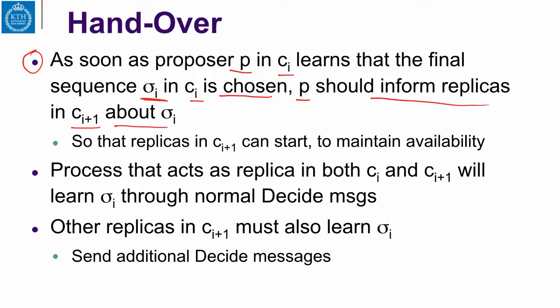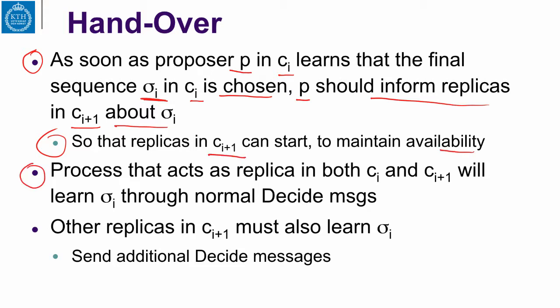You could think of a situation where we have created the replicas for the next configuration, but they are still waiting to be informed by a proposer, a leader, or a replica in the previous configuration. This happened before, if you remember the picture, where we had overlapping configurations and the yellow new replicas were waiting for the blue replica to get the final configuration, so that the replicas in Ci+1 can start and maintain availability.